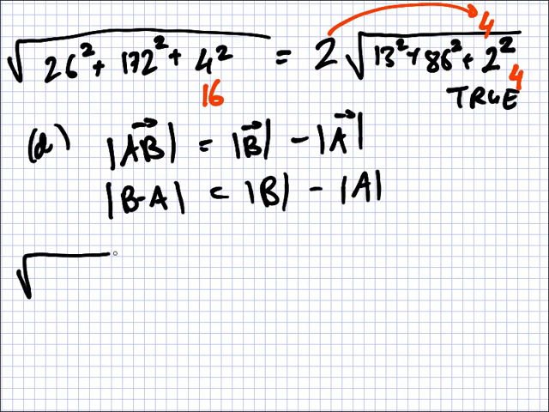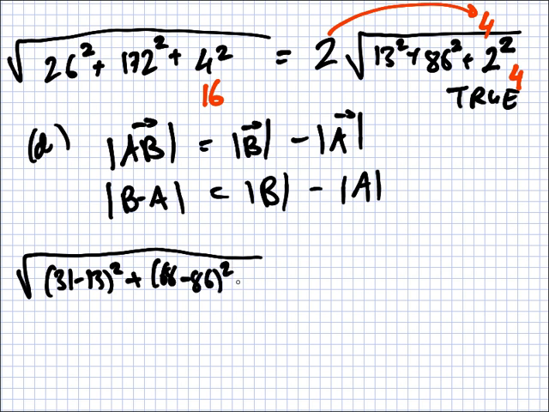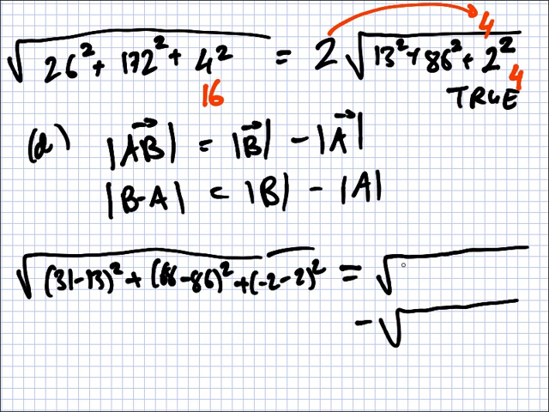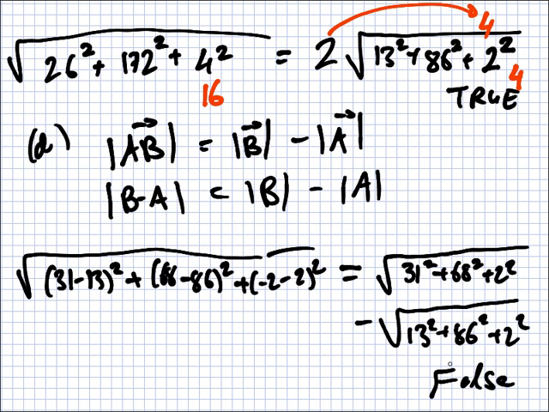So this is square root, 31 minus 13 squared plus 68 minus 86 squared plus minus 2 squared. Does that equal magnitude of B minus magnitude of A, where B is 31 squared plus 68 squared plus 2 squared, and this is 13 squared plus 86 squared plus 2 squared. And that's going to be false. They're not equal.